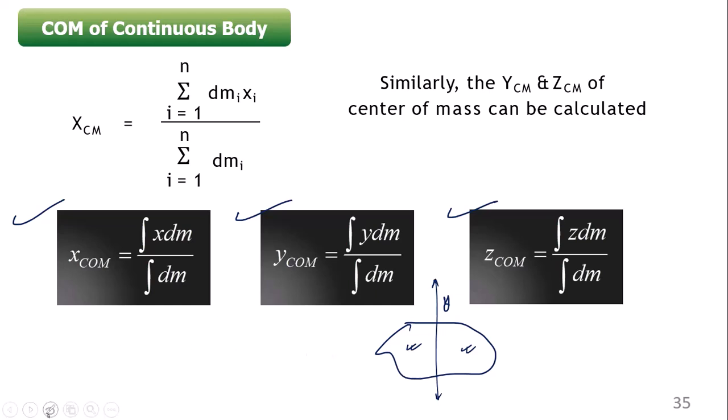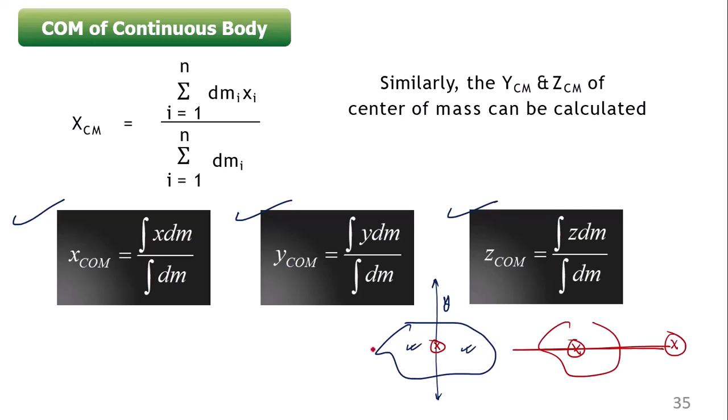So that means the center of mass should always lie on this y-axis. If this is another type of geometry which is symmetric about the x-axis, then the center of mass should lie on this x-axis.